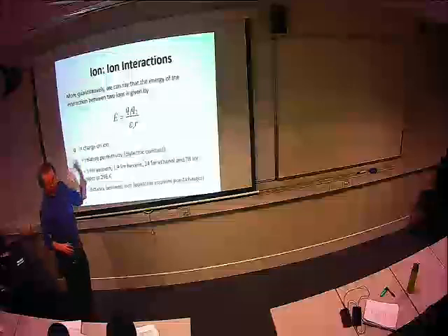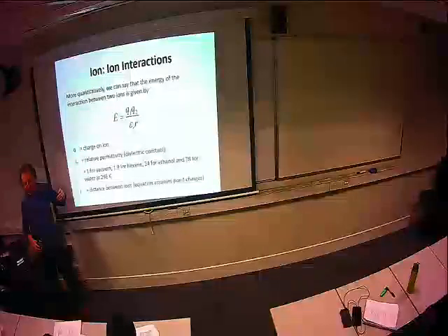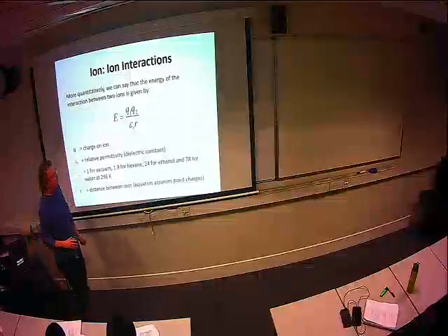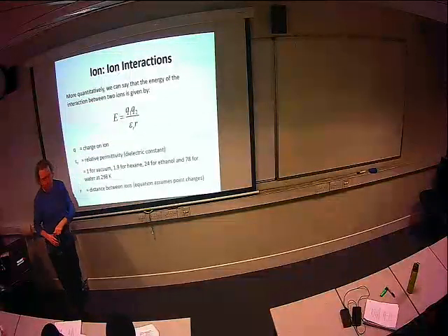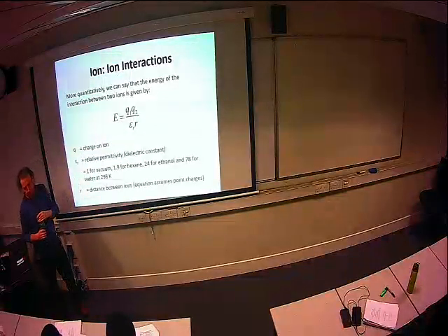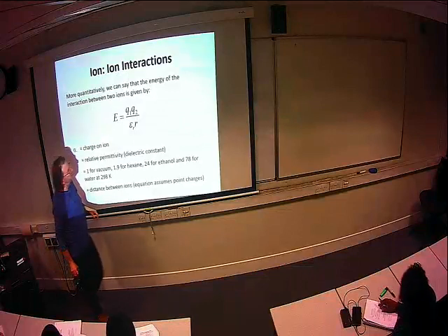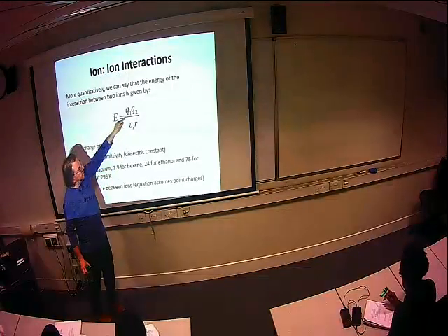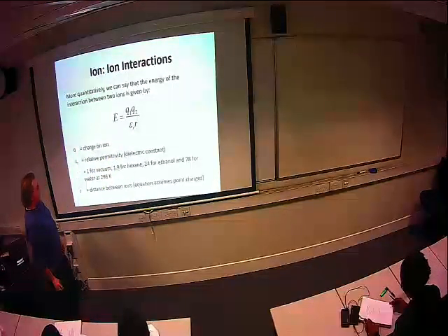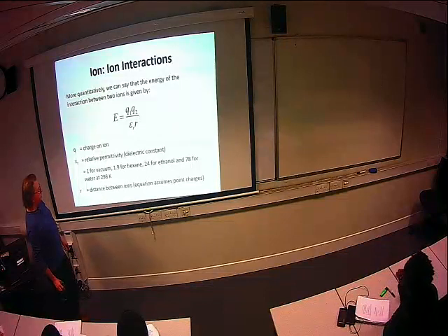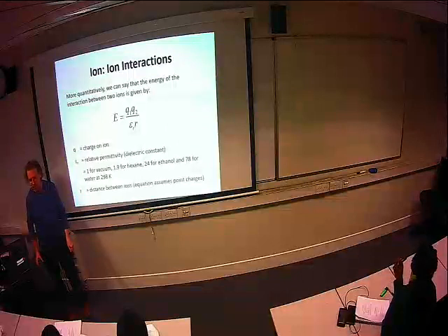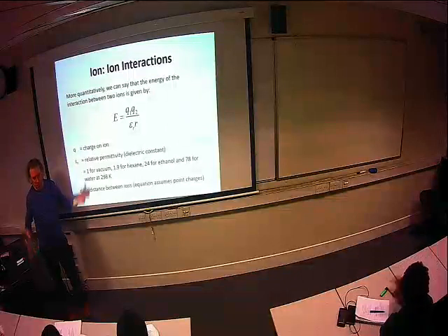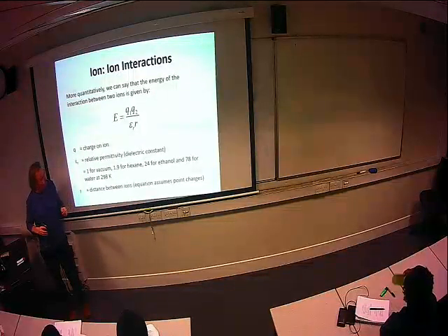And we're thinking about the amount of energy that's released when the ions come together. So it depends on the charge on each of those ions. That's the Q terms in the equation. It's inversely proportional to the distance between the ions. So the closer they are, the stronger the interaction.